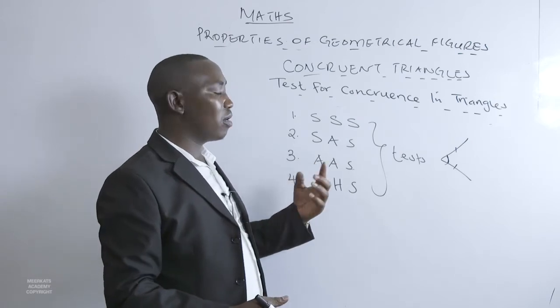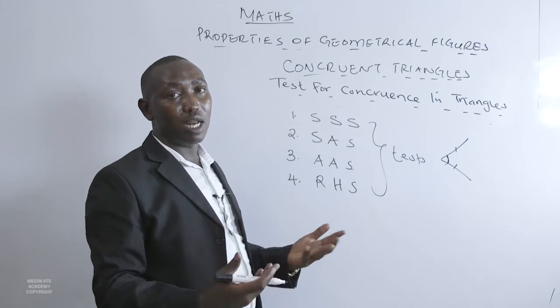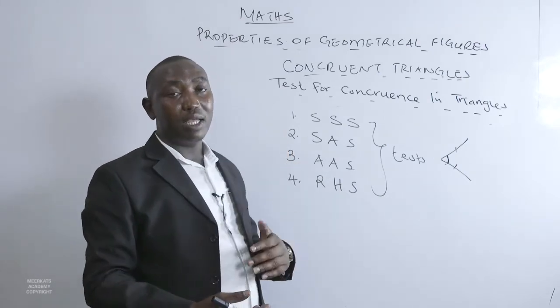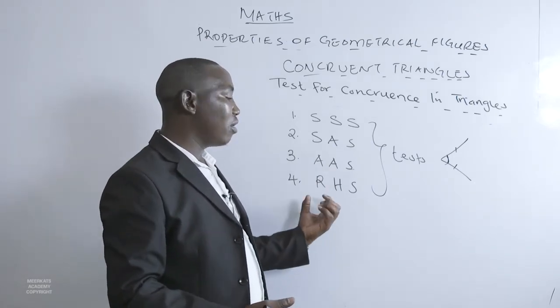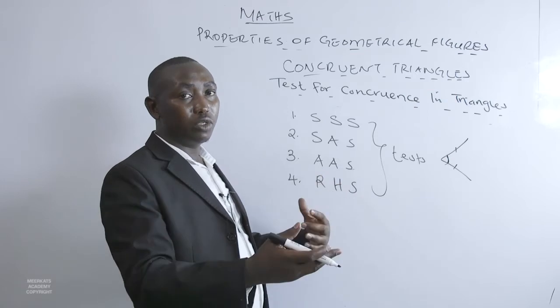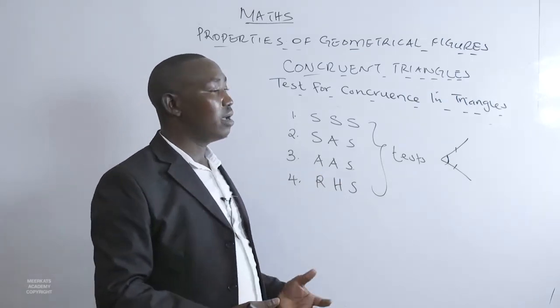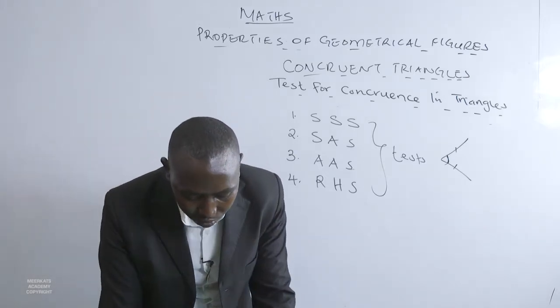Then we have the angle side, where 2 angles and a side are equal for both triangles, they will be referred to as congruent. And finally, for right angle triangles, if the hypotenuse of the 2 triangles are equal, and one of the shorter sides are equal, then those 2 triangles will be termed as congruent.